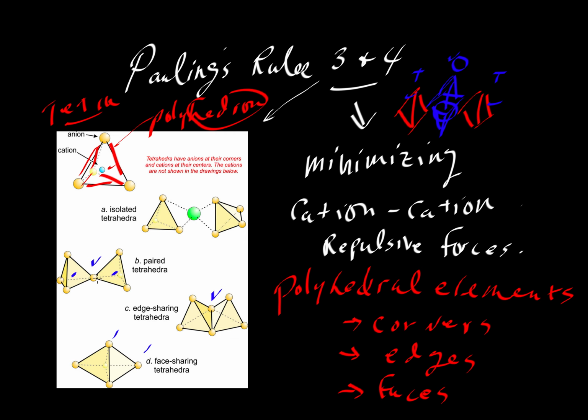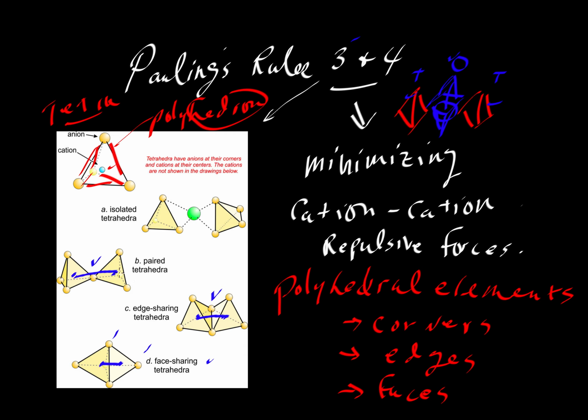This is very nicely done in this diagram, where you can see a certain distance here, then a little bit smaller here, and then the cations would be closer still in the face sharing case.